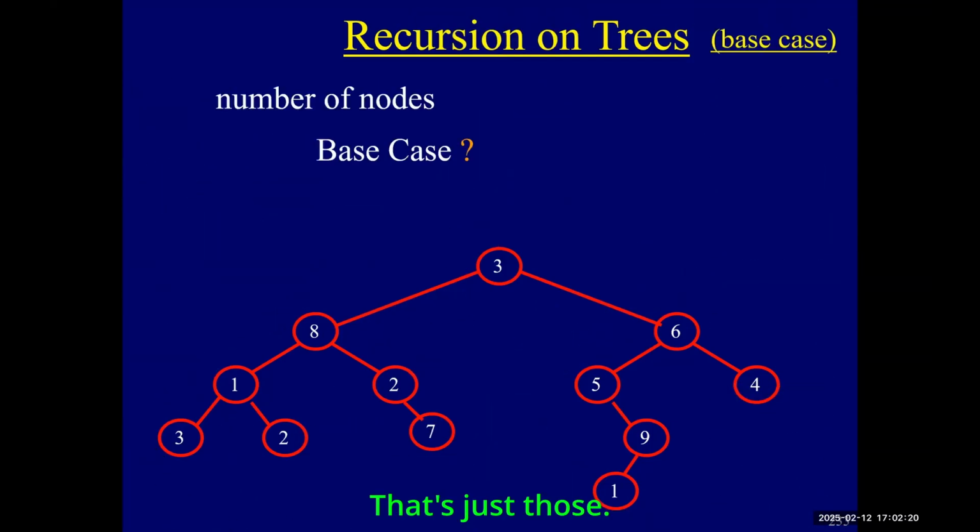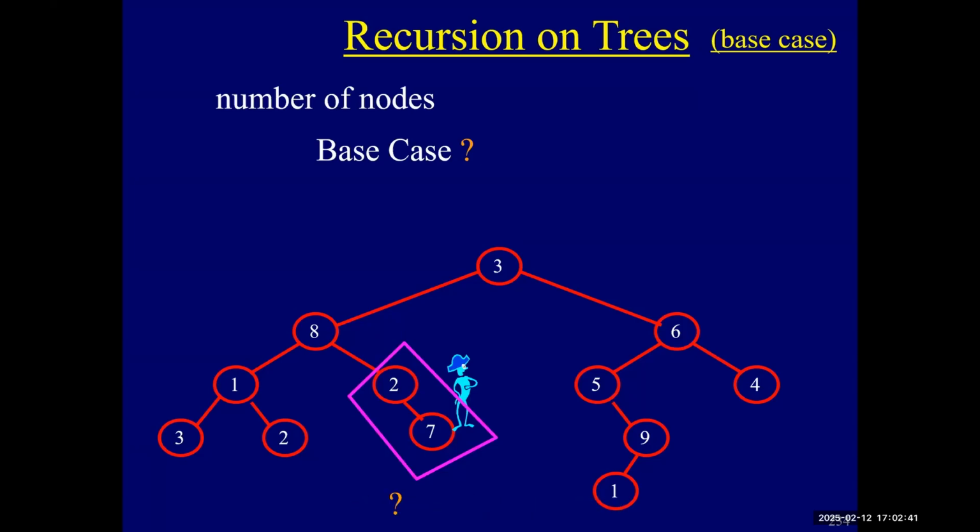All right, so what's our base case? Here we could say there's one node. Are we done? What should our base case be? Well, how do you solve this problem?